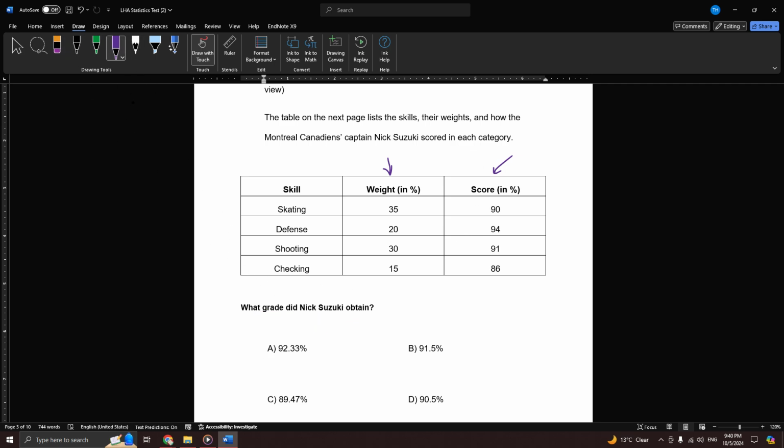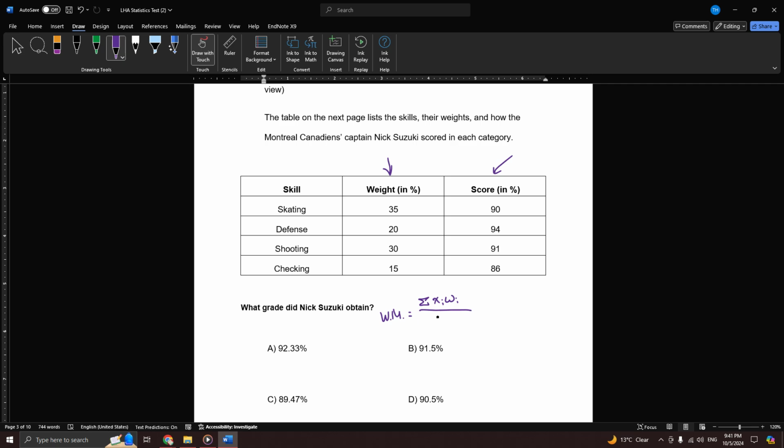So let's use the formula that we taught you for weighted means. This should be on your memory aid that you've all made, hopefully. Okay, so weighted mean is equal to the sum of xi, that's a score, multiplied by wi, that's the weight associated to that score. That's how much that score is worth.